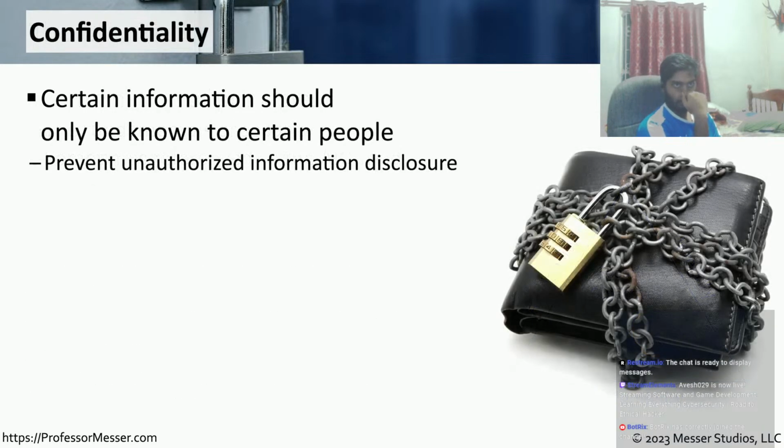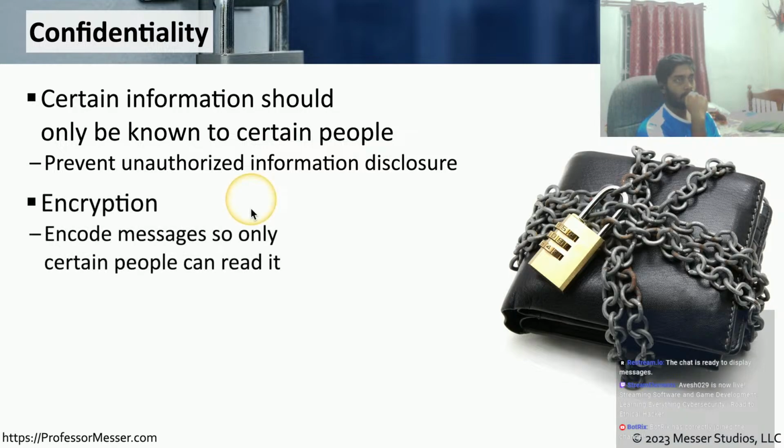One of the biggest challenges we have in IT security is making data available to others, but making sure that availability is only to the right people. We refer to this as confidentiality. One way that we provide this confidentiality is through encryption. We can have one person encrypt data, send it to someone else, and that other person can then decrypt that data to be able to see the original plain text.